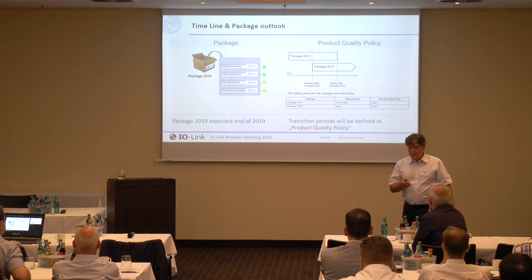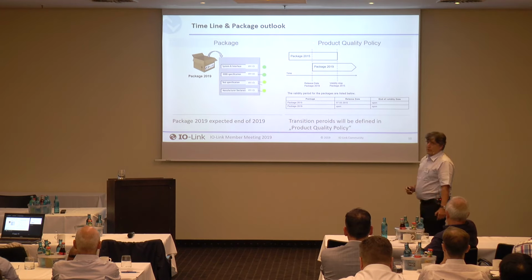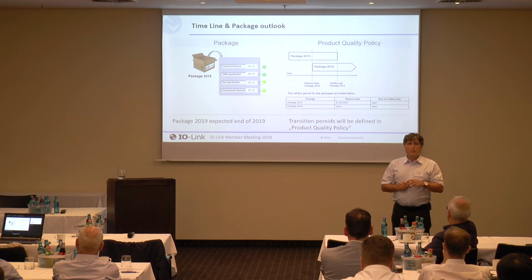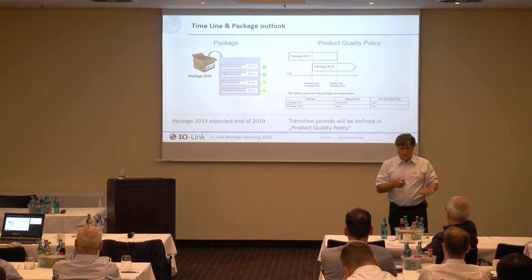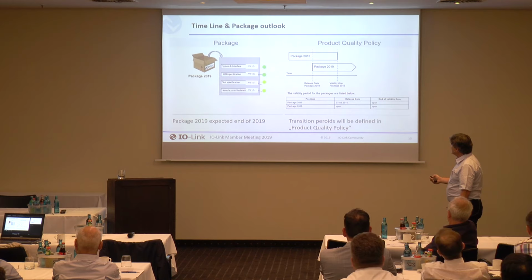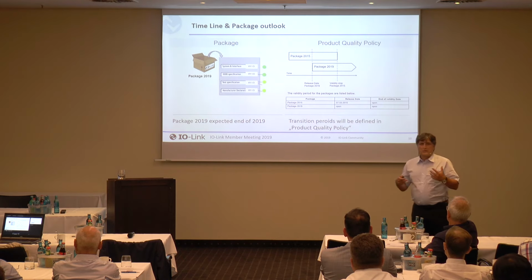Everything is prepared for that, because the document product quality policy has rules for how we deal with transition periods of newer packages to older packages. You see here that package 2015 is still valid. After we have done that work, we will release the new package and also say something about the transition period.